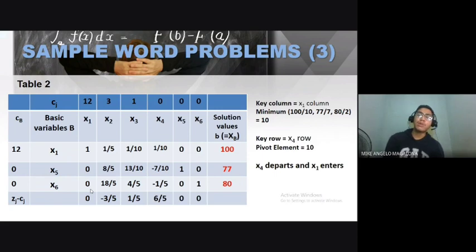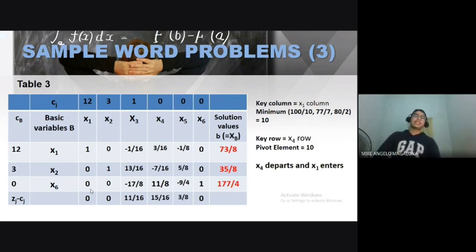In x sub 4, we have 1 10, negative 7 over 10, negative 1 fifth, and 6 fifths. For our x sub 5, we have 0 1 0 0. And for our x sub 6, we have 0 0 1 0. Our solution values are not changed. They are all still intact, which are 100, 77, and 80.